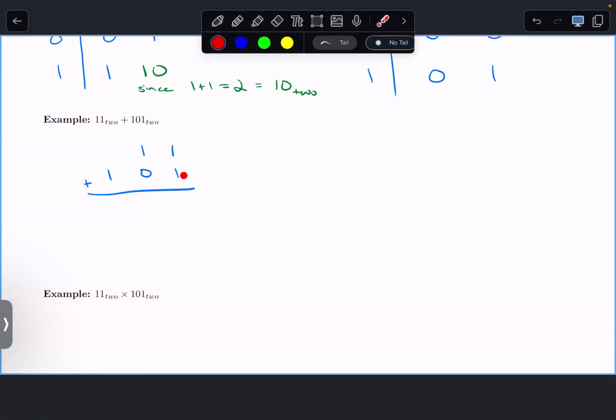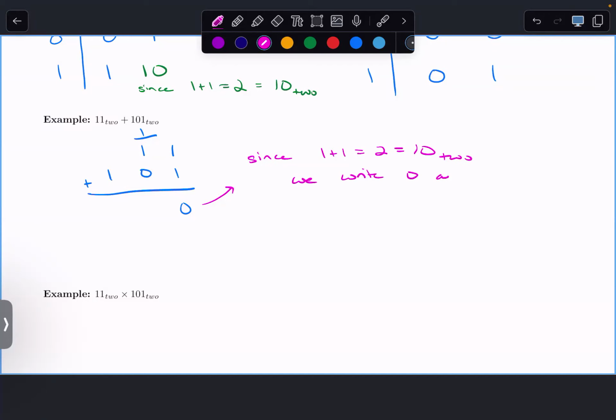One plus 1, we just said, is 1, 0. But what we need to do is we need to carry that 1 over. So here, I'll explain that since 1 plus 1 is 2, which is 1, 0 base 2, again, we write 0 and carry the 1.